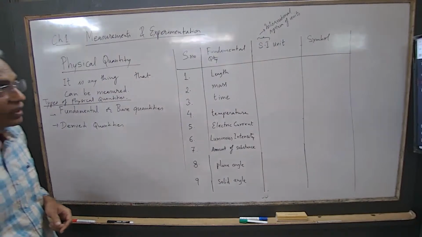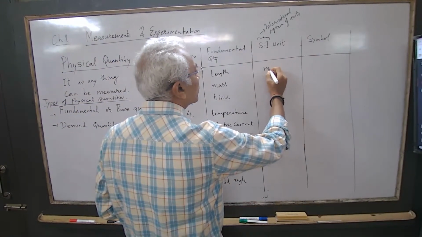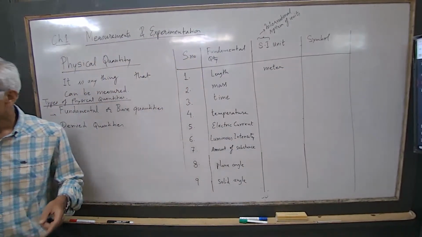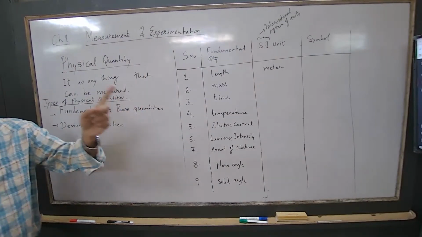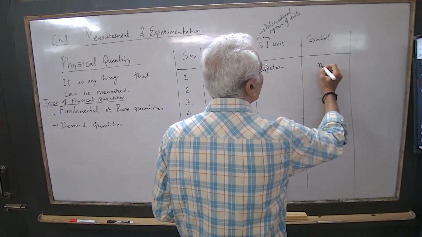What is the unit of length in SI? Meter. The full form of the unit is written in lowercase, meter, and its symbol is small m.